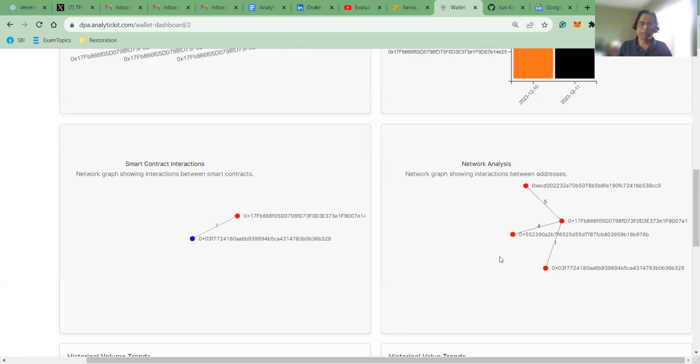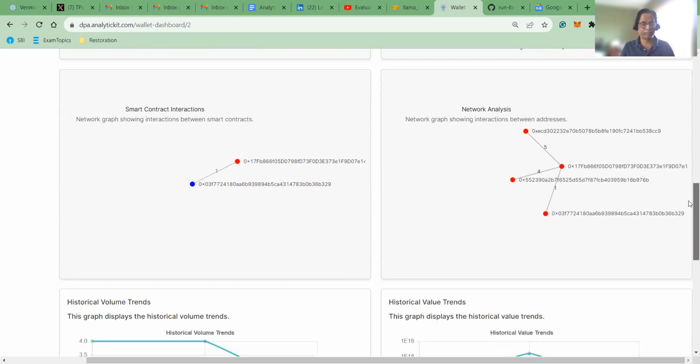Say your user might have bought a token from your competitor. You can identify all this information and upsell based on what type of token they have, with marketing campaigns targeting those customers. All those analyses are possible using this network analysis graph.